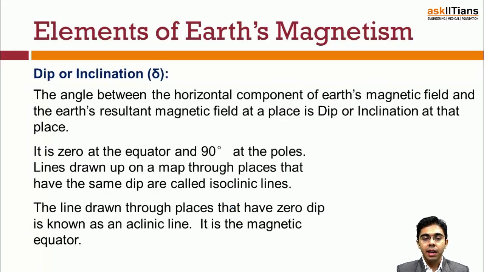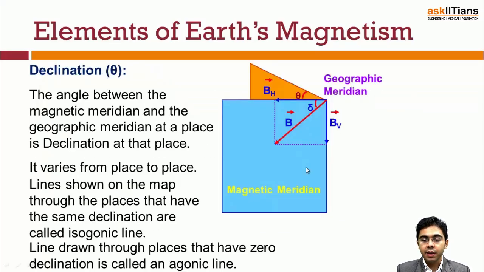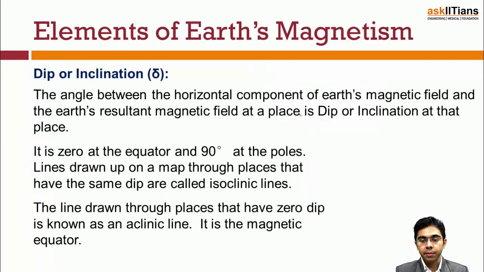Dip or the inclination: the angle between the horizontal component of the earth's magnetic field and the resultant magnetic field at a place is called the dip at that place. We have seen in the diagram that this is the angle delta, and it is the angle between the horizontal component BH and the resultant magnetic field in the magnetic meridian only.